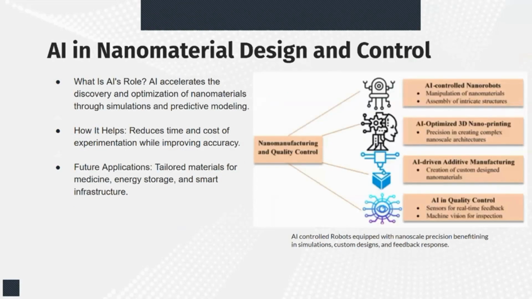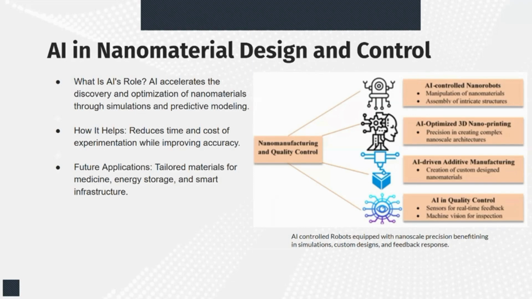Now, AI and nanomaterial design and control. Another key driver of progress is the integration of artificial intelligence and advanced simulations into nanomaterial research. AI accelerates the discovery and optimization of nanomaterials through predictive modeling and simulations.